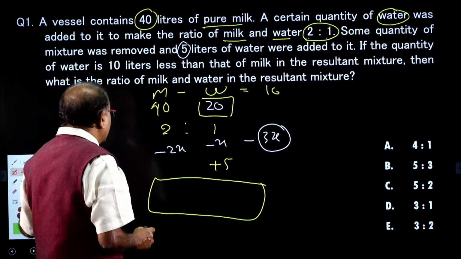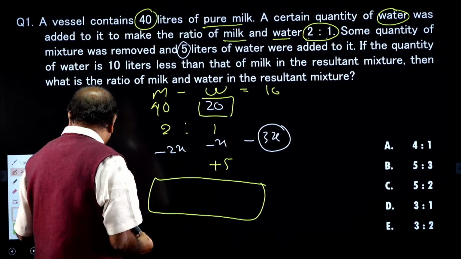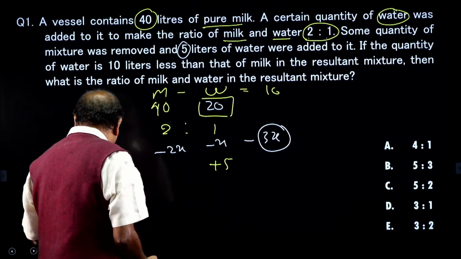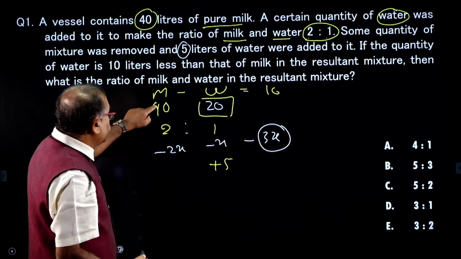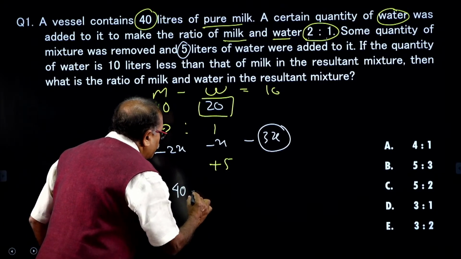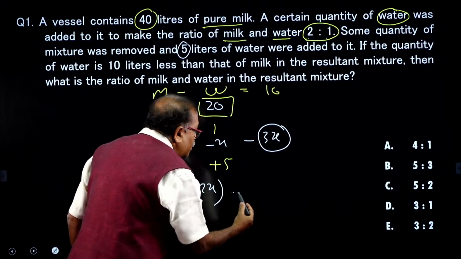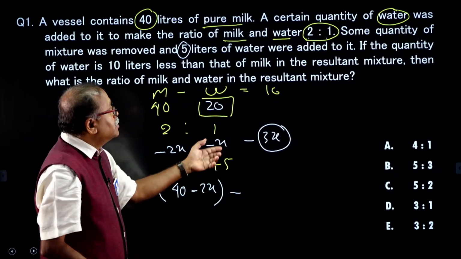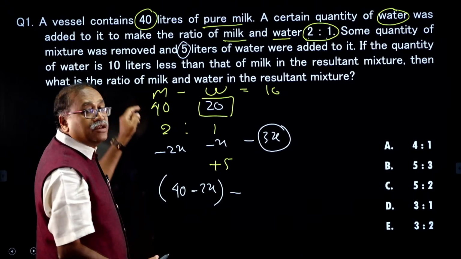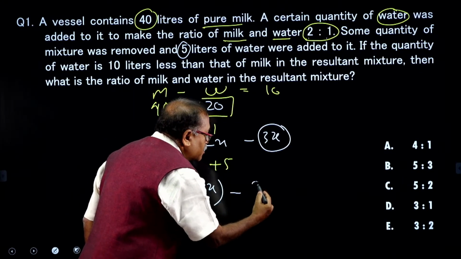Now let me check how to answer this question. How much is the milk and how much is the water? I will write it this way: the milk is 40 minus 2x. If I take out the water, it gives 10 liters. So how much is the water? 20 in other words, 25 minus x.